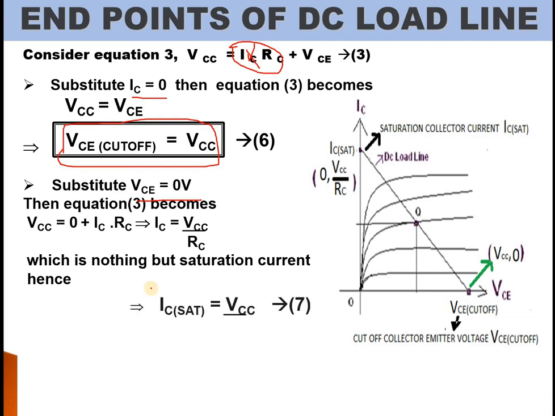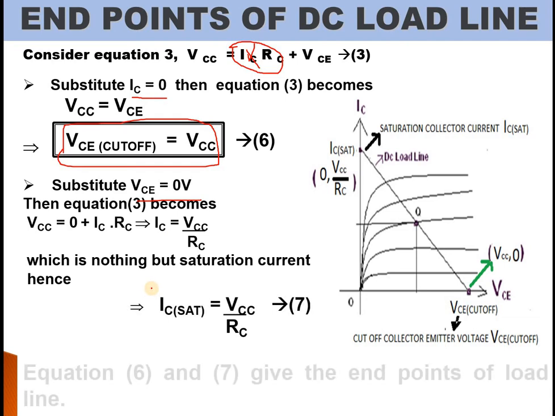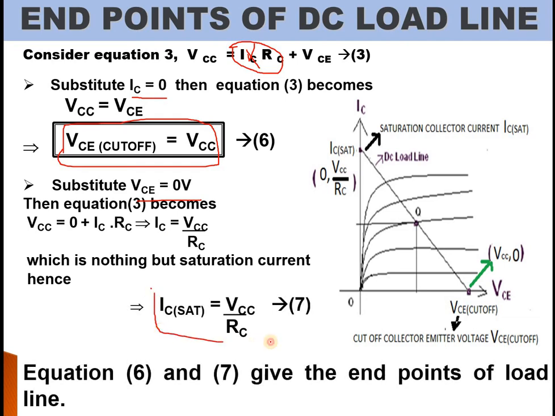So IC, I can call it the saturated collector current, and hence I got 2 expressions: one is VCE cutoff, one is IC saturation. Mark that on the graph and draw a straight line to obtain the DC load line.